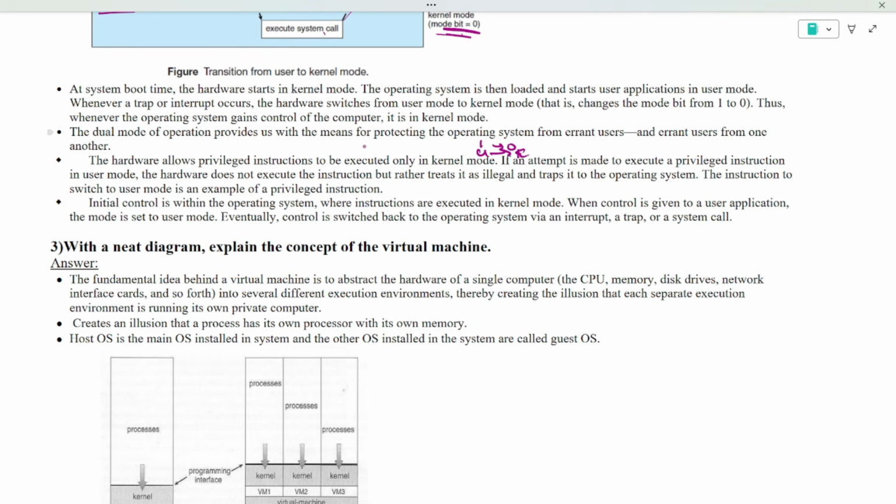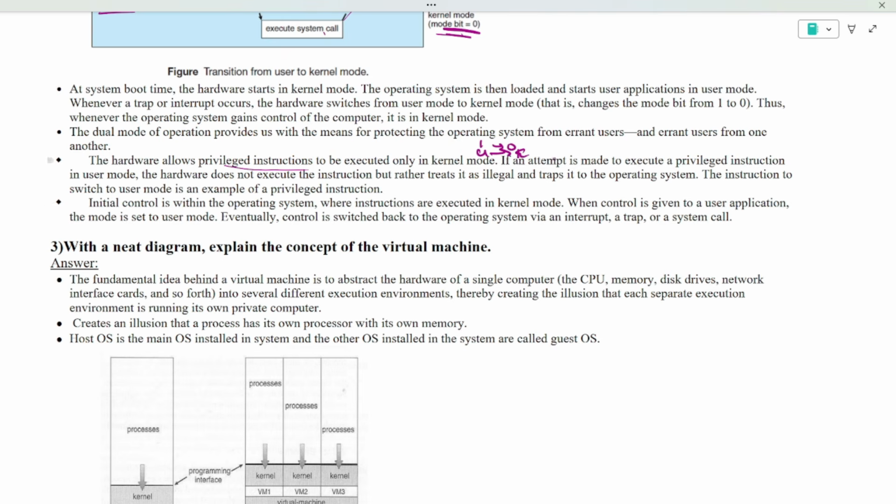The dual mode operation means protecting the operating system from errant users, and users from one another. The hardware allows privileged instructions to be executed only in kernel mode. That is, privileged instructions will be executed only in which mode? Kernel mode. If an attempt is made to execute one in user mode, the hardware does not execute the instruction.